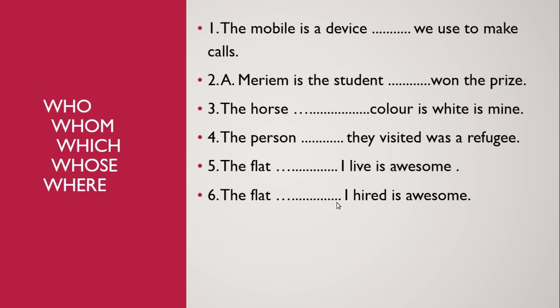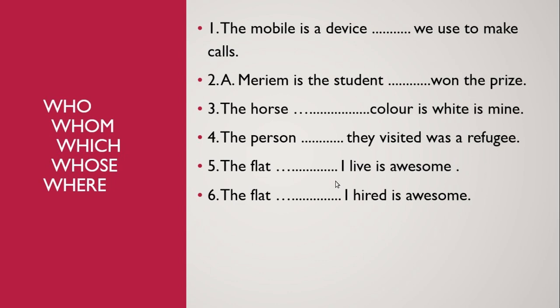The flat I hired is awesome. So pay attention to number 5 and number 6. They might look the same because we have place, but we can't use where in both of them. So one is where and one is which. Now take your time and think of the answer to this exercise. You can pause the video or stop it for a minute or two and answer that.